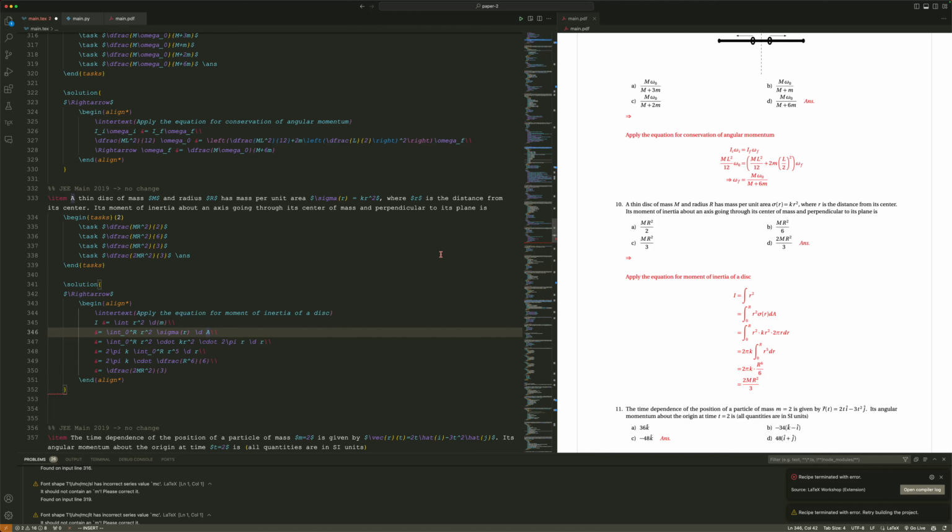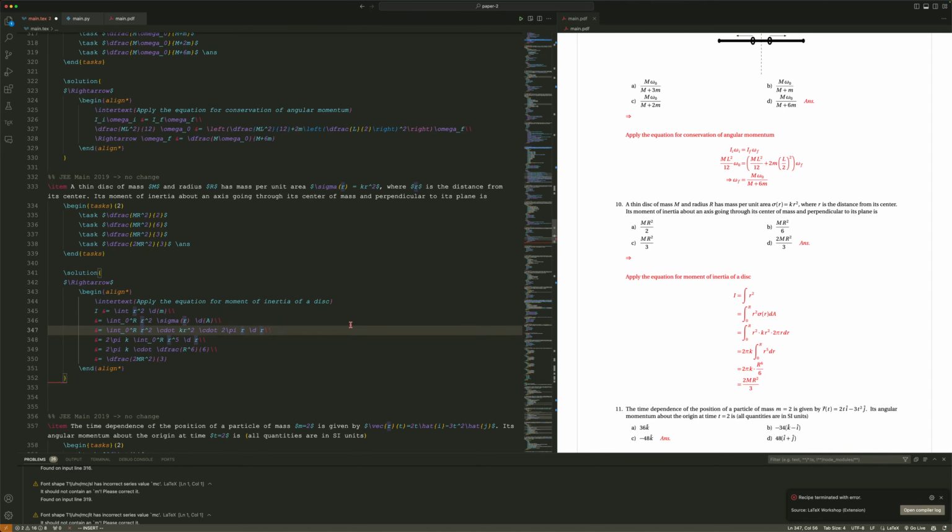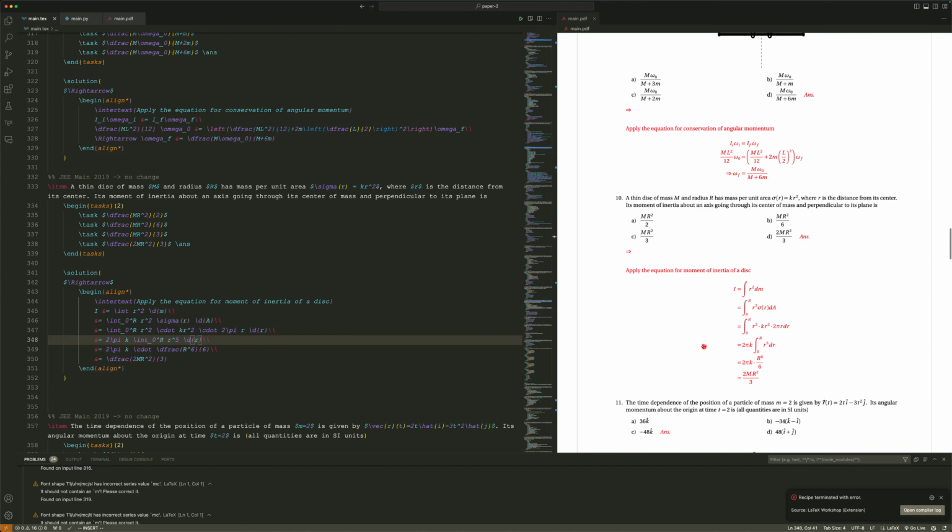I think there is a command called d, and I'm gonna use this command, because Copilot doesn't know about the d command, so it's just overriding. Let's run it first, and as you can see, I equals r square dm, or you can say m r square, but m is differential, so r square dm is the formula for the moment of inertia.